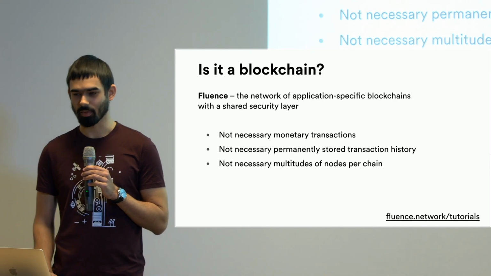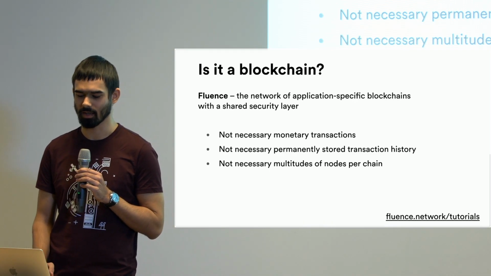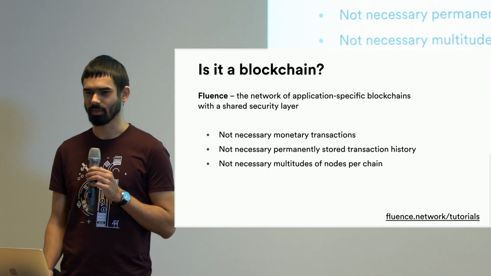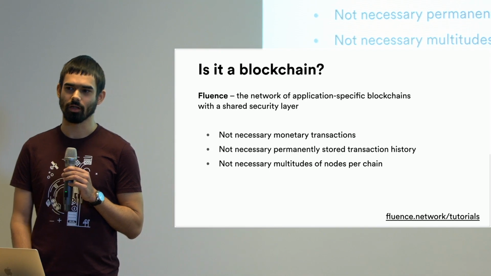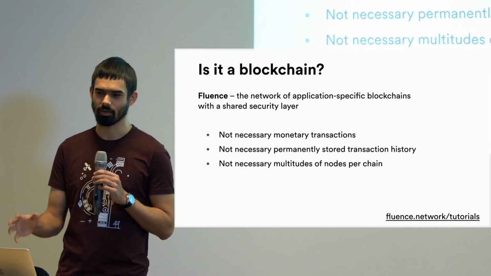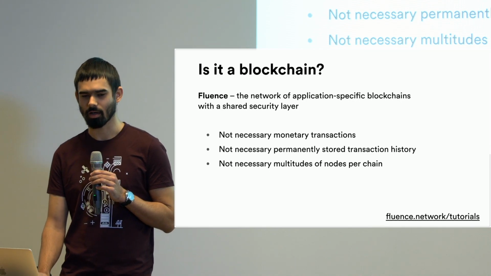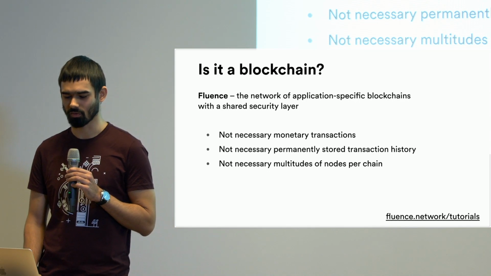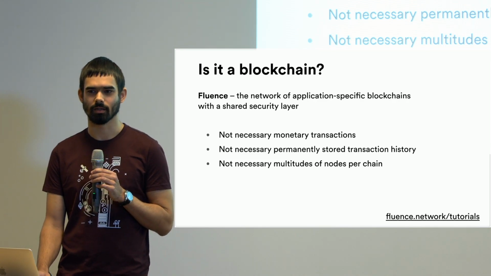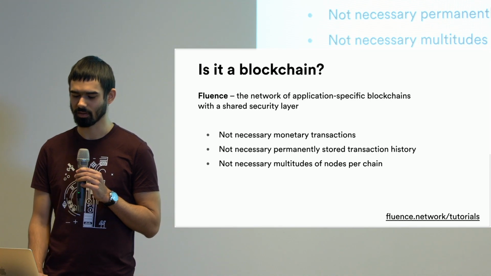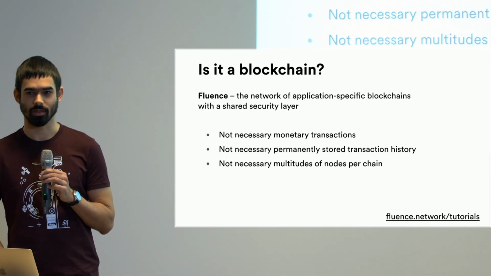But Fluence is not a blockchain. You can think of Fluence as a network of application-specific blockchains with a shared security layer. Usually blockchains are used for some kind of financials, blockchain data is stored forever, and blockchains take a lot of nodes per chain. All of this is not necessary for Fluence.